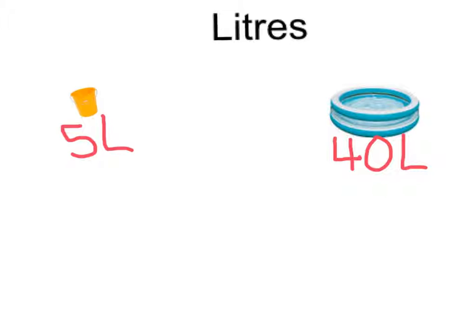And I'm wondering how many times I'm going to have to fill up that bucket to fill up my pool. So, 40 litres. How many 5 litre buckets will I need to get to 40 litres? Can you think of the most efficient way or effective way to solve this problem?